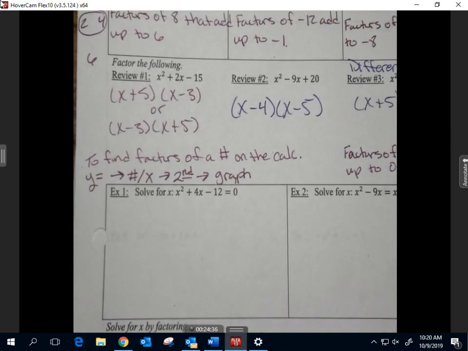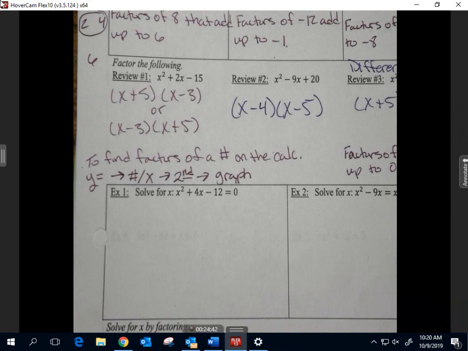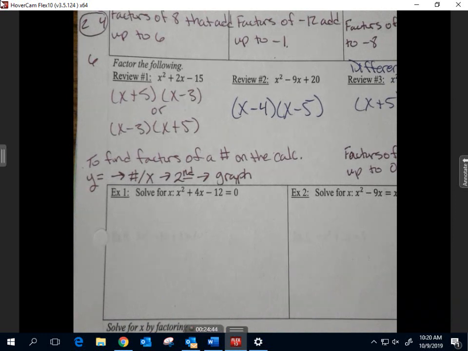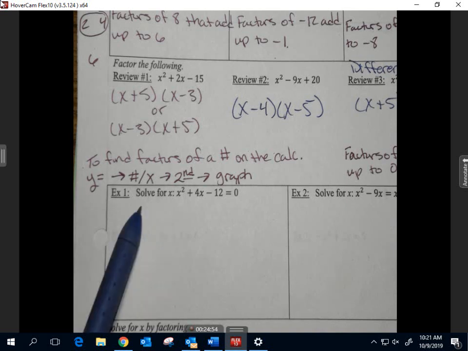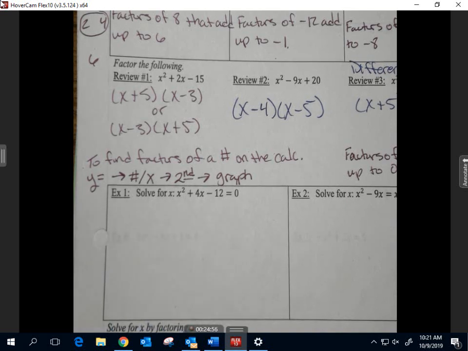So now, what you see with our next examples, what's different? It has an equal sign. If it has an equal sign, that means you're solving. Okay? Listen to me again. If it has an equal sign, that means you're doing what? Solving. I have a lot of people that look at things like this, and then they start factoring, but they forget to solve. So we're combining the two.